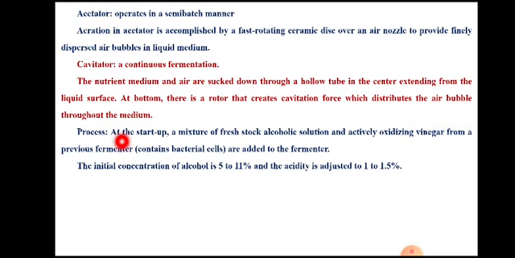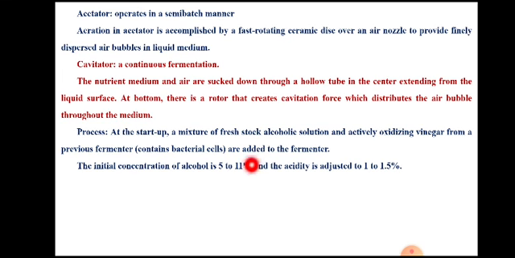At the start of the process, a mixture of fresh stock alcoholic solution, that is the raw material, and actively oxidizing vinegar from a previous fermenter is added to the fermenter. This will serve as a source of bacterial cells, that is Acetobacter.